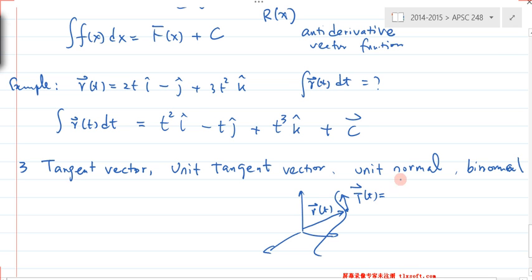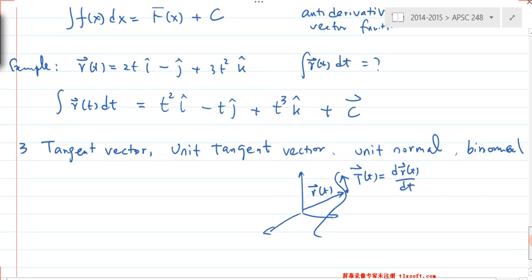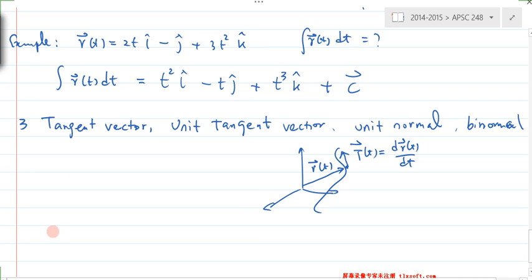That's basically a tangent vector. So that's pretty straightforward. In terms of the formula, just like we wrote before, it is dx over dt, dy over dt, and dz over dt.